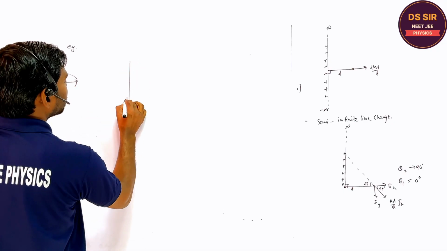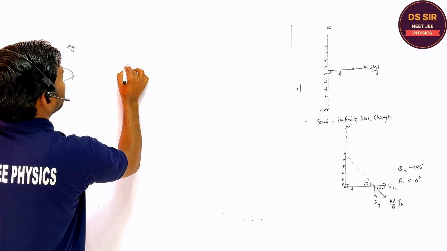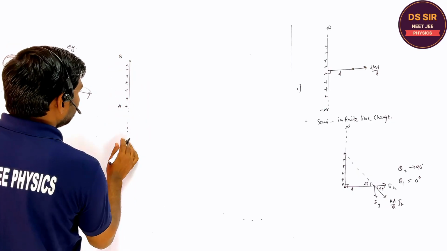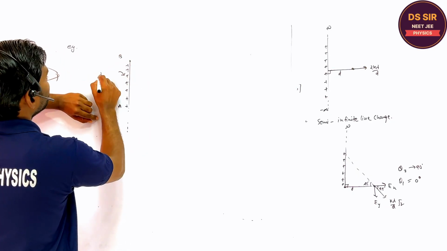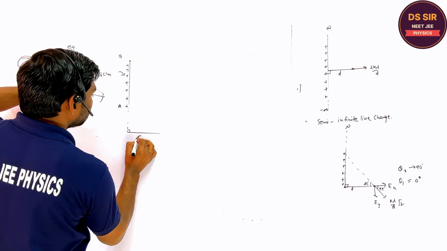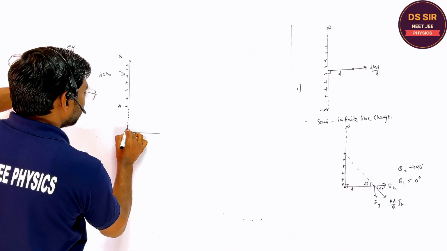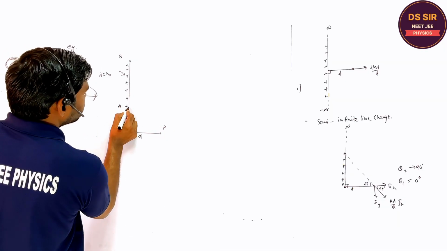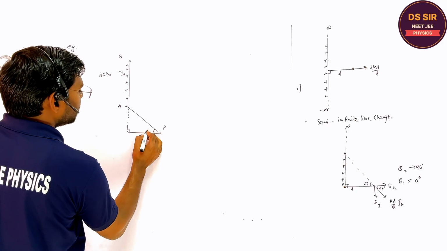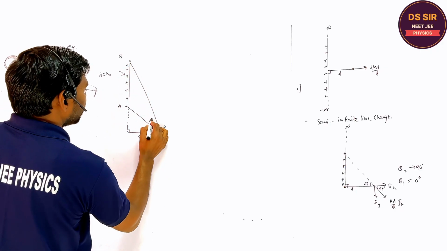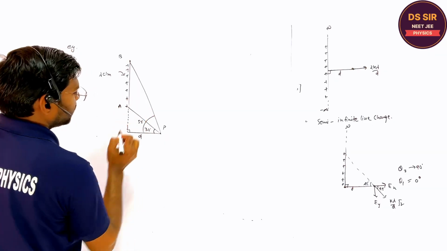The linear charge is extended like this. This is A and this is B. The linear charge lambda coulomb per meter is extended from A to B. Suppose this is the perpendicular distance. Here you have to find the electric field such that this angle is given as 37 degrees and this angle is given as 53 degrees.